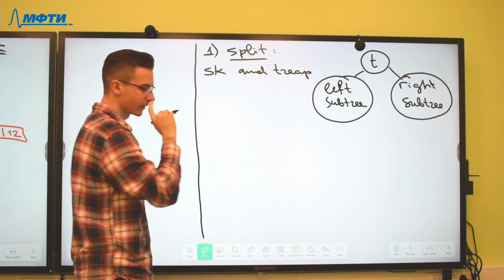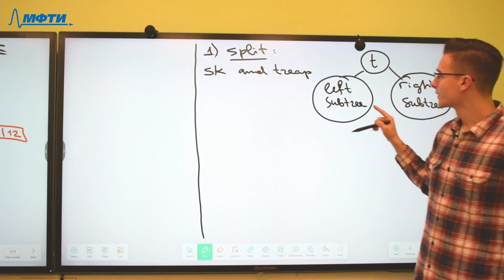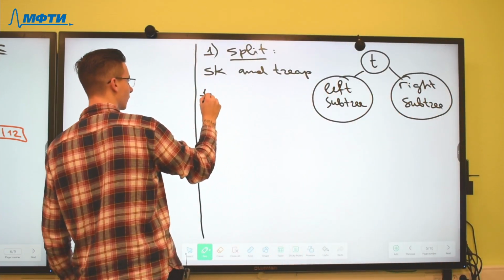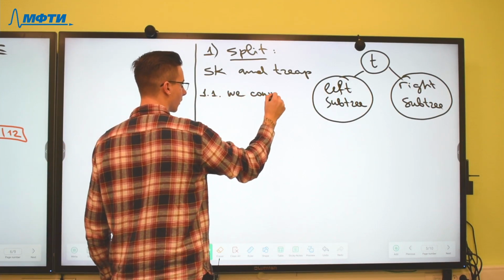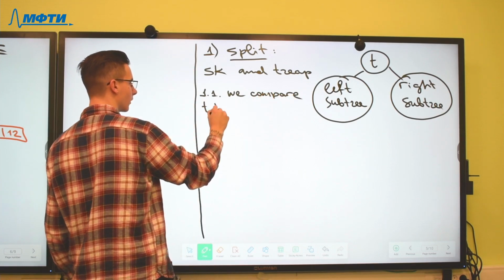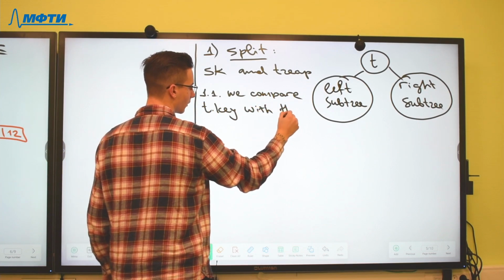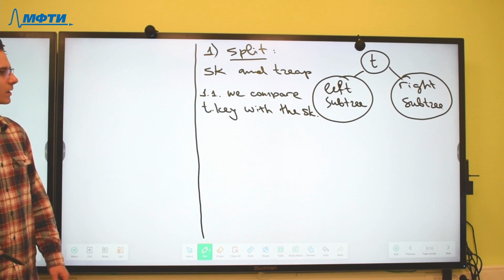Initially we have this number and the treap. So firstly we compare tk with sk.